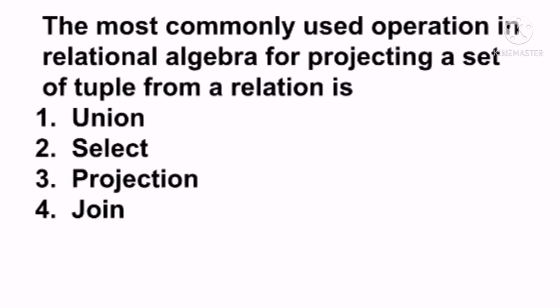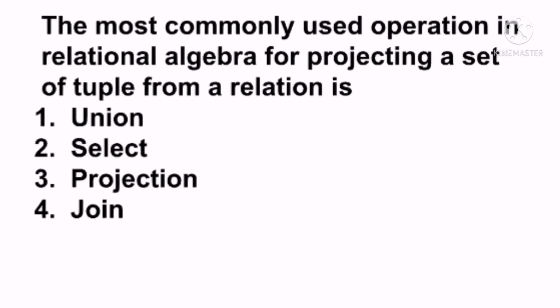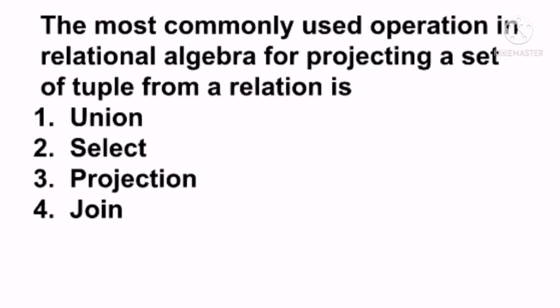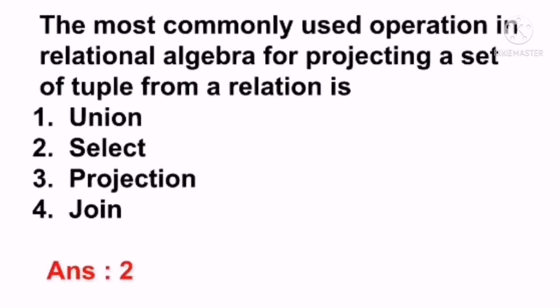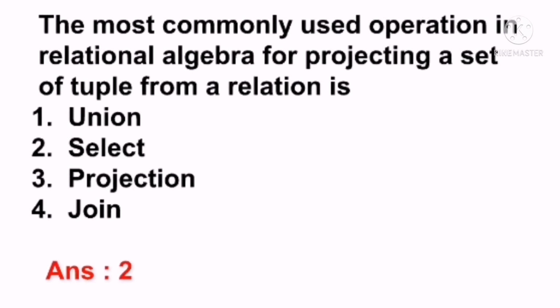Next, the most commonly used operation in relational algebra for projecting a set of tuples from a relation is. Your options are first one, union; second one, select; third one, projection; fourth one, join. So the correct answer is select. Select is used to retrieve and to project information on the screen.